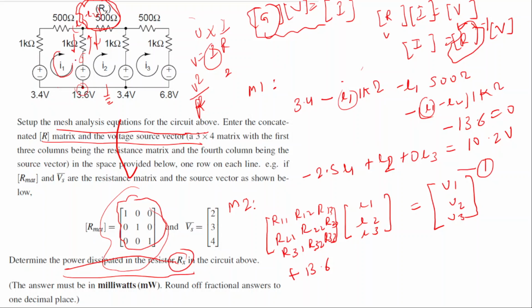Then if we are moving in this direction, the current will be I2 minus I1. So we have minus I2 minus I1 times 1 kilo ohm.